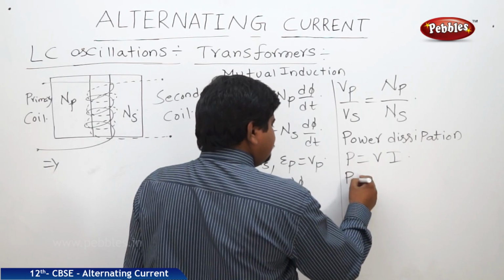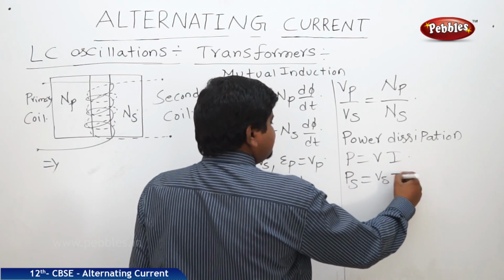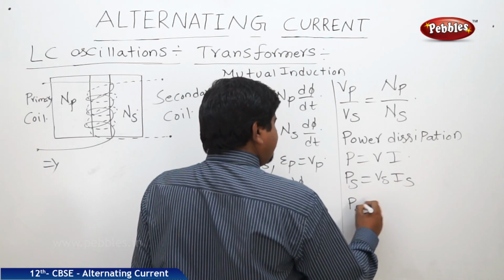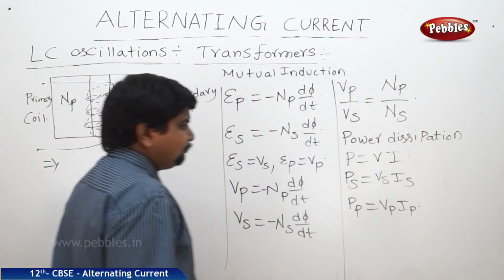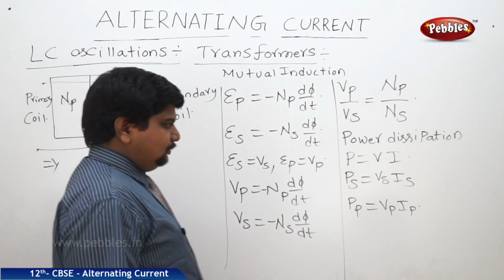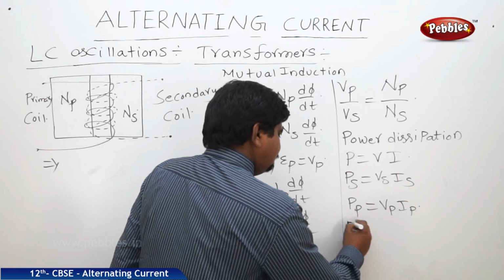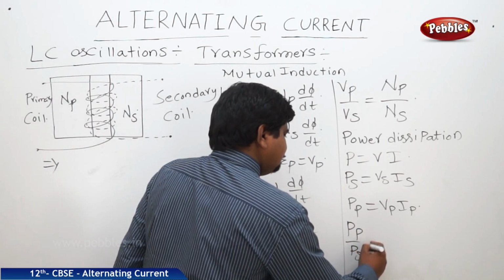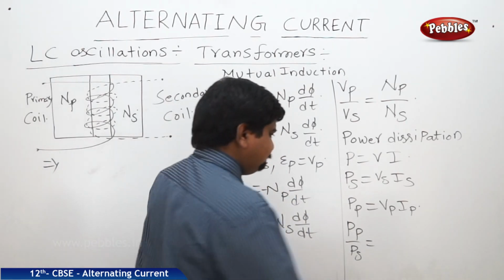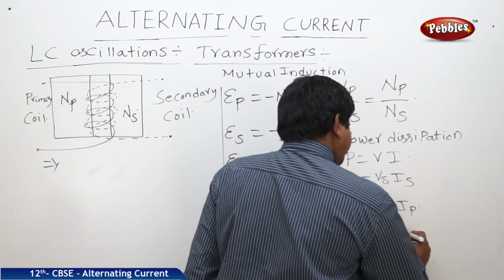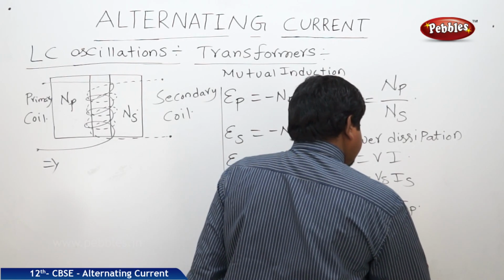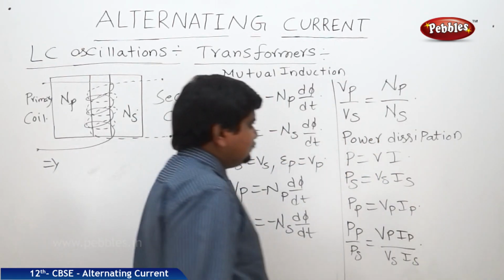So power dissipation through secondary coil is equal to VsIs. Power dissipation through primary coil is equal to VpIp. Next, we are going to find out Pp by Ps. That is nothing but VpIp by VsIs.